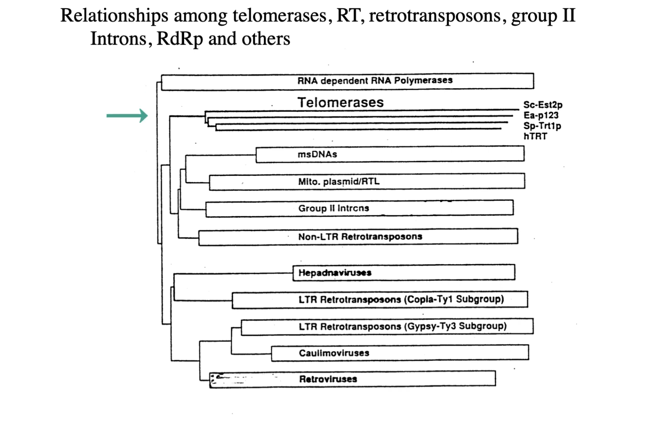And so you see the telomerases up there, and they're within the clade that includes the non-LTR retrotransposons, which are within the LINE elements in our genomes, as well as the group 2 introns and other mitochondrial elements that contain those reverse transcriptases, and then another large group down below that includes HepaDNA viruses and then long terminal repeat retrotransposons that are found in arthropods, and then the chylomyviruses, which infect plants, and finally the retroviruses such as HIV down at the bottom.